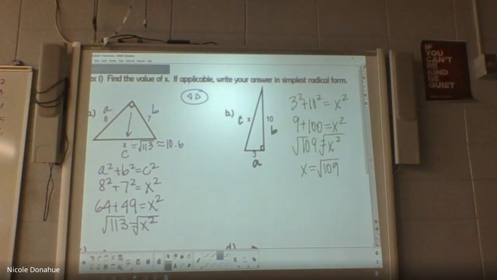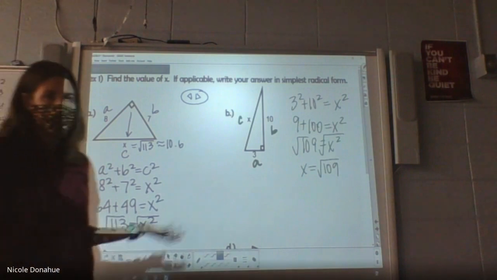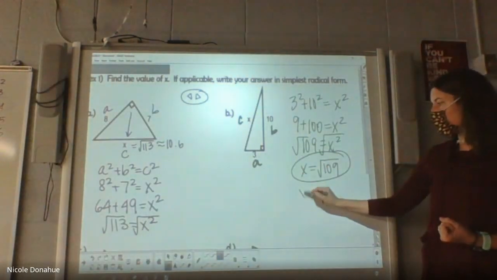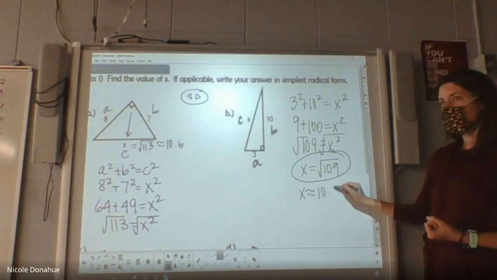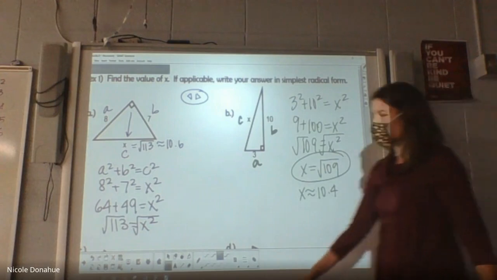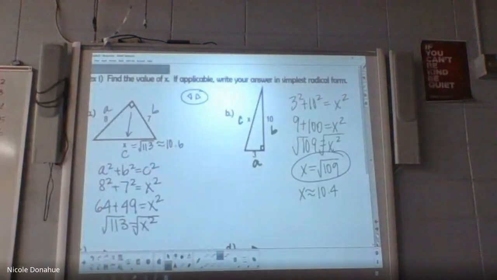But again, I get about 10 point, this one's probably a little bit smaller, so 10.4 for the length of that side, if you wanted the approximate value. So the square root of 109 would be the simplified radical, and if I wanted the approximate value, it's about 10.4. So that's showing you those different options for answers.